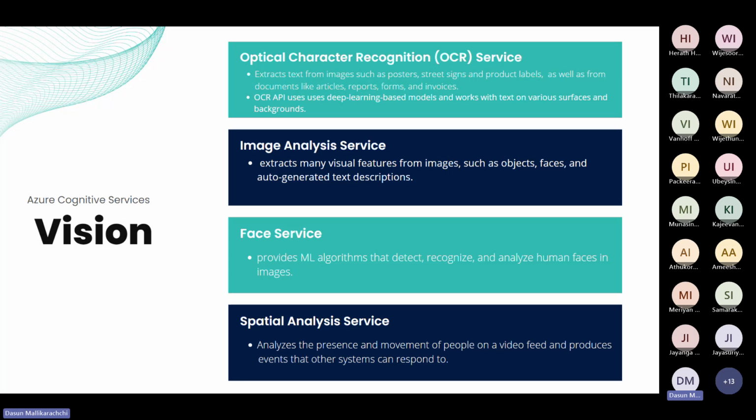This service mainly deals with image processing tasks, such as extracting visual features from images, image classification, object detection in photos, faces, and also generating captions when you're given a certain image. So this is the service of the Azure stack that handles those kinds of tasks.